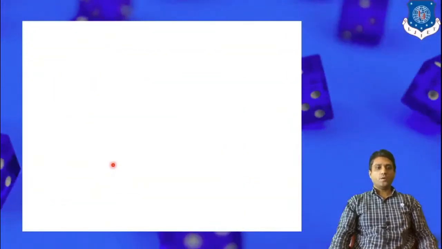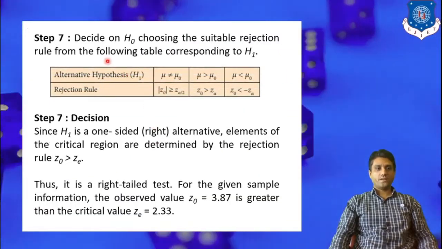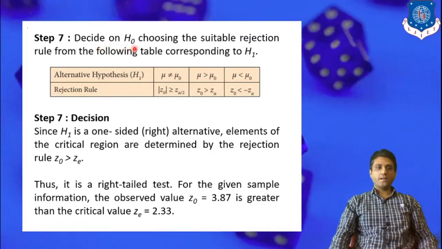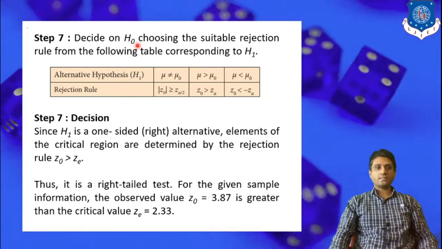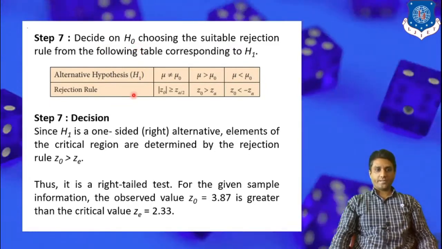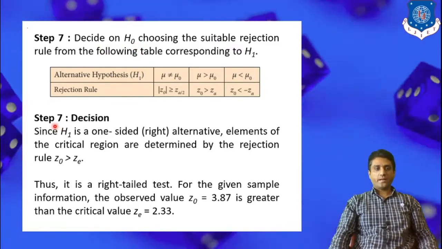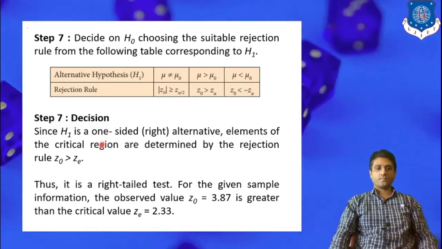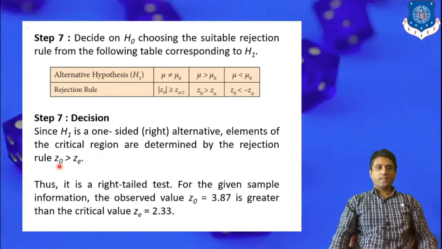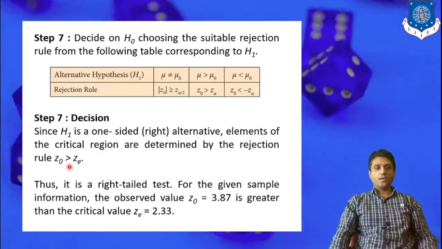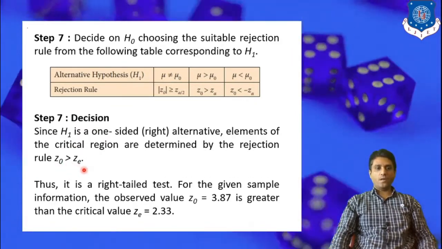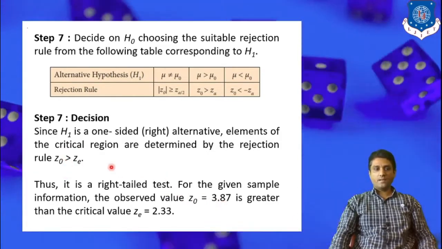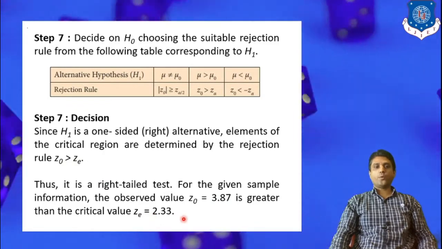Finally we go to step number 7, where we decide whether our null hypothesis is rejected or not rejected. In the context of this example, we have to give the decision on the basis that the observed critical value is greater than the experimental critical value. Here the observed critical value is 3.87 and the experimental critical value is 2.33.